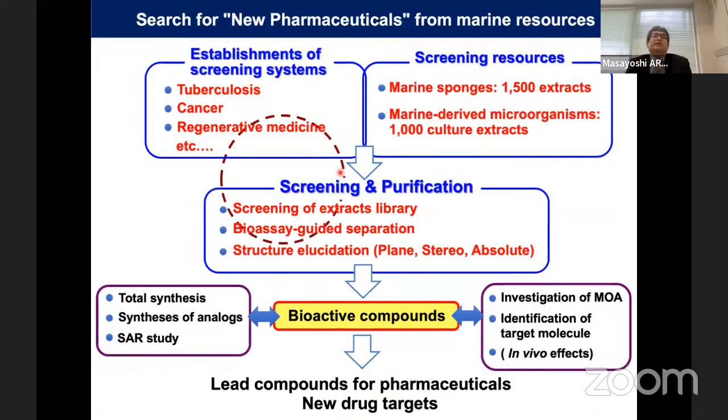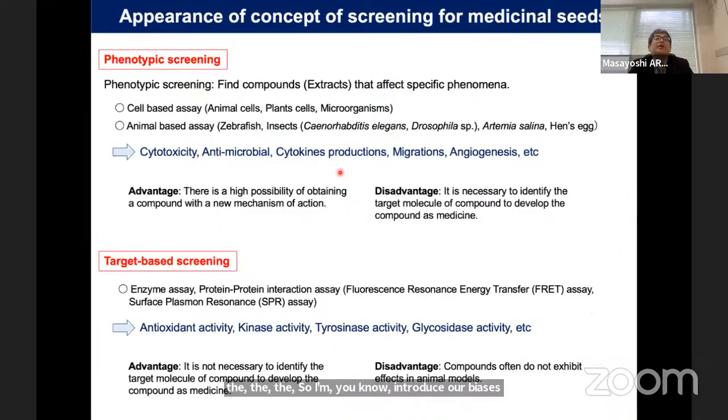Okay, so subsequently, we conduct screening to find bioactive extracts in the marine natural resource library. So I will now introduce our bioassay systems. Before that, the methods for evaluating biological activity include phenotypic screening and target-based screening.